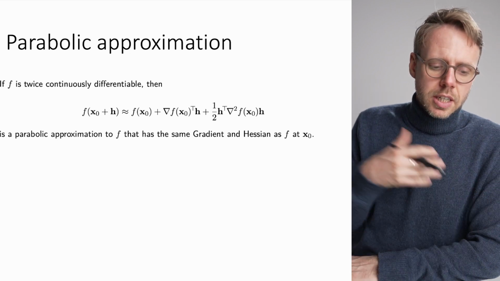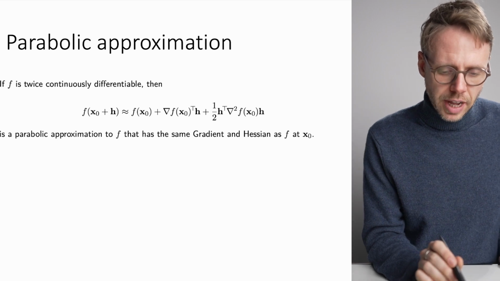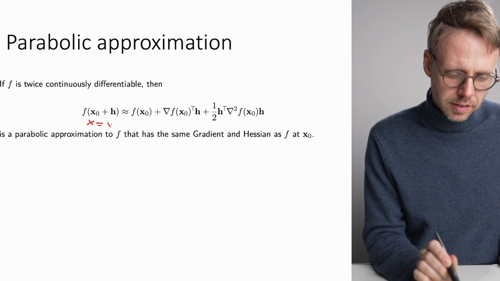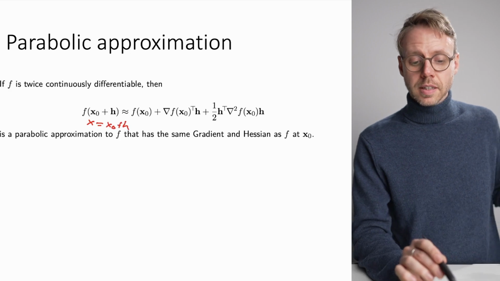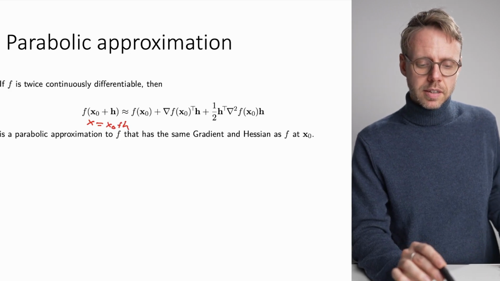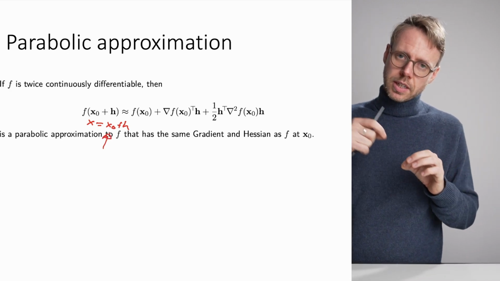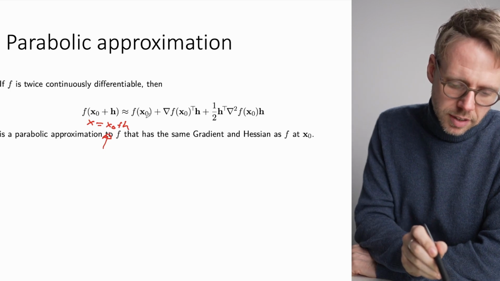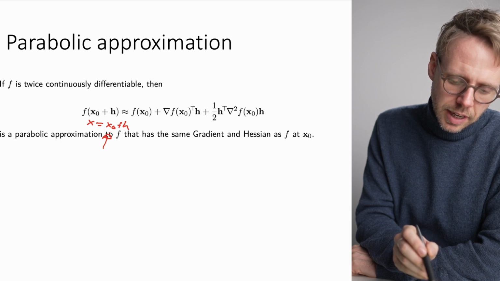So if f is twice continuously differentiable, then f of any x, which is x equals x0 plus h, can be approximated as a parabola, where the approximation has the same function value, the same gradient, and the same Hessian at this point x0, by this function f of x0 plus the gradient of f at x0 times h.